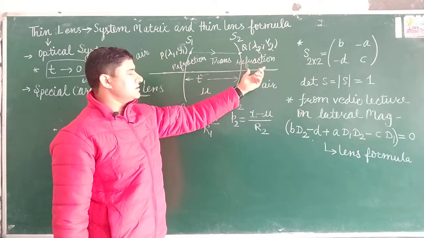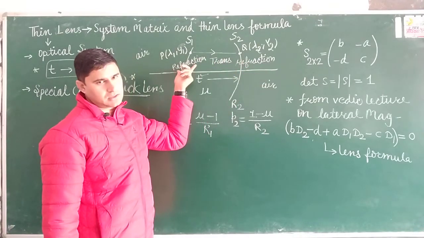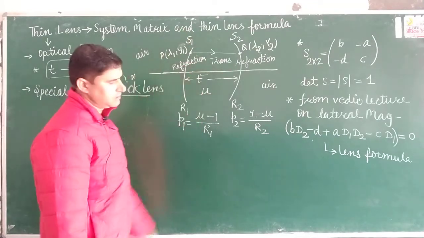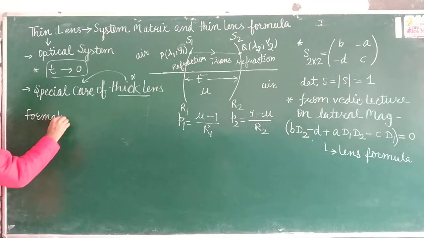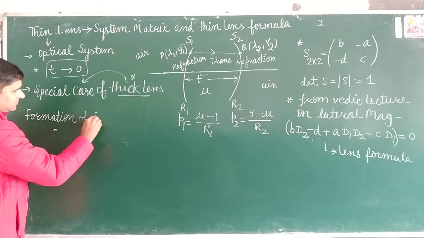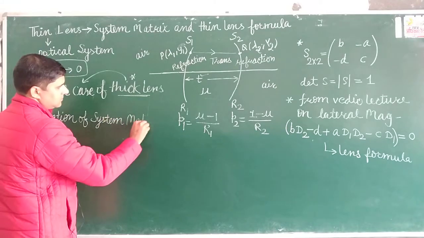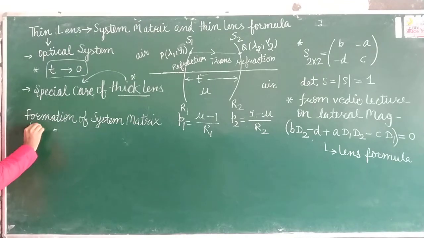We will multiply these three matrices: refraction matrix, translation matrix, and again refraction matrix, to obtain the system matrix for this thick lens. So now we will form the system matrix for thick lens.